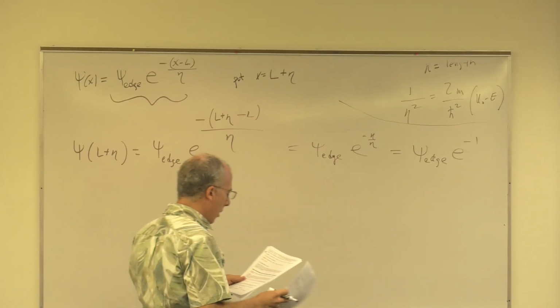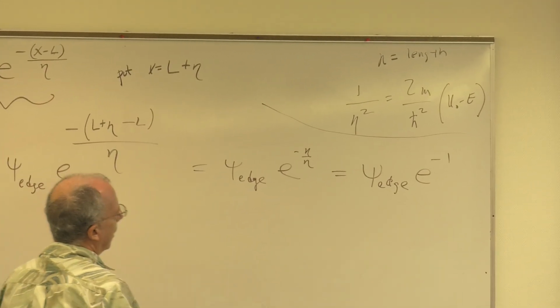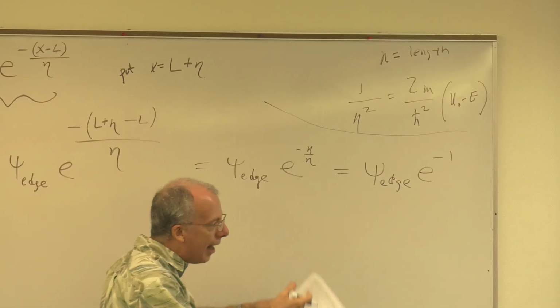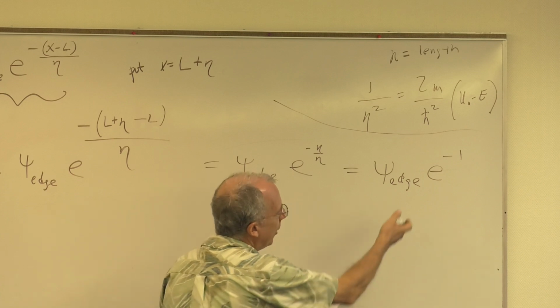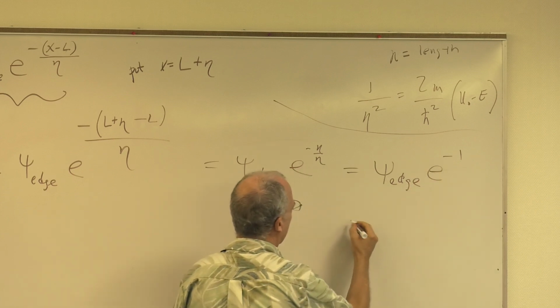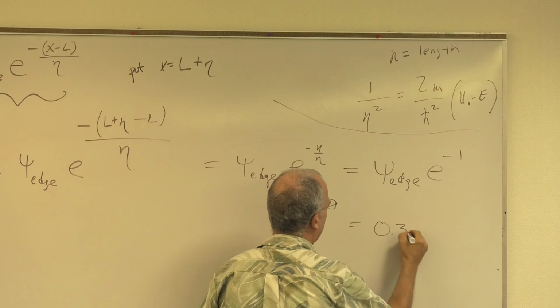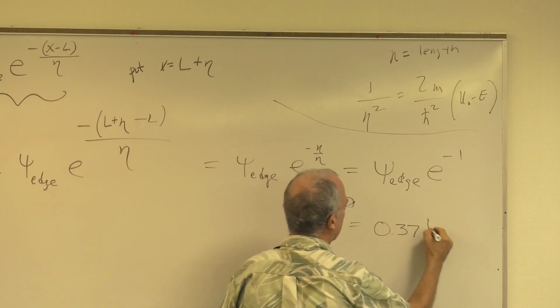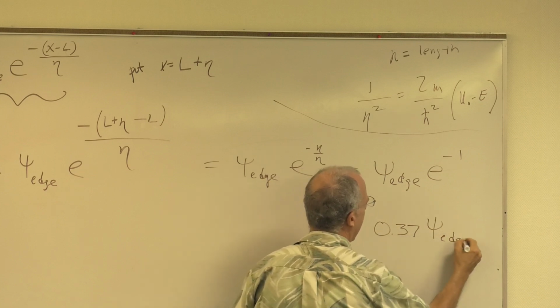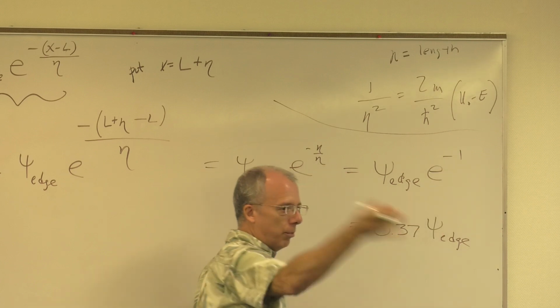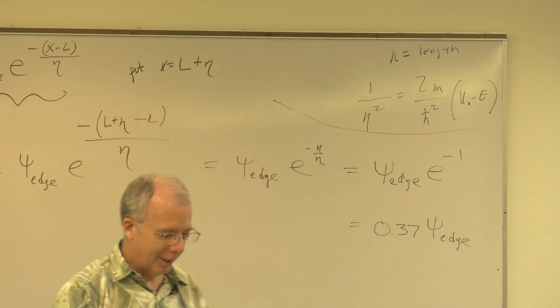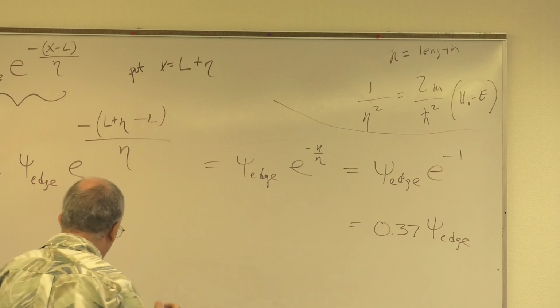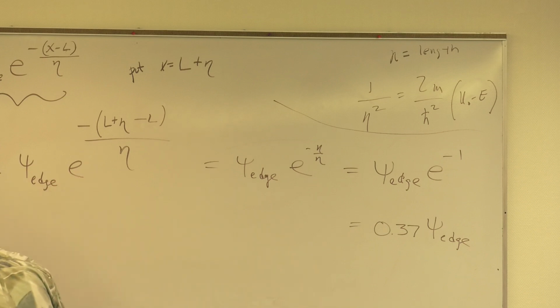Well, what's that? Everybody who does math knows e to the minus 1 is 0.37. So this is equal to 0.37 psi edge, right? e to the minus 1 is 0.37. Put it in your calculator if you don't believe me. Okay, so what does this mean?